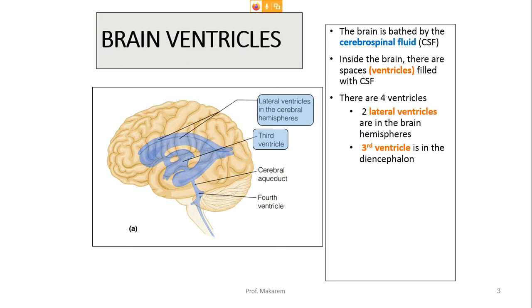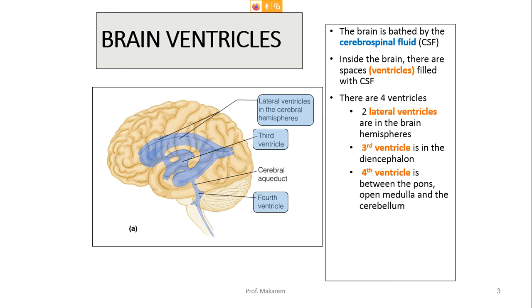Medially, we can identify the third ventricle, and the third ventricle opens into the fourth ventricle through a duct called the cerebral aqueduct, whereas the two lateral ventricles open into the third ventricle by the interventricular foramen of Monro. Understood?